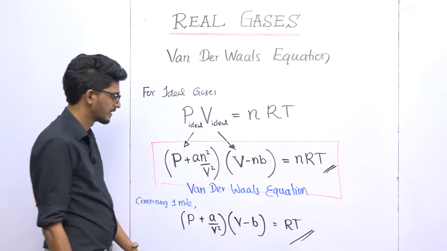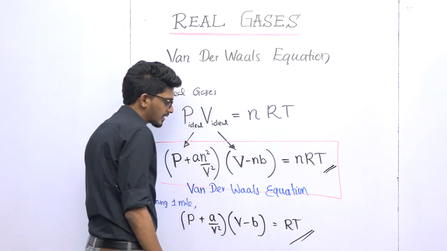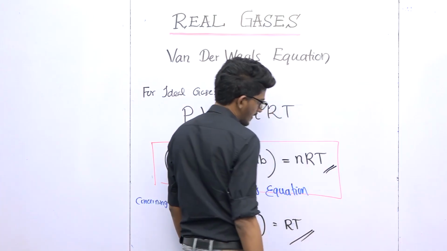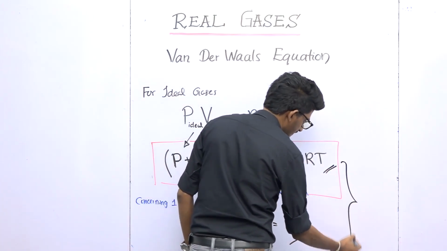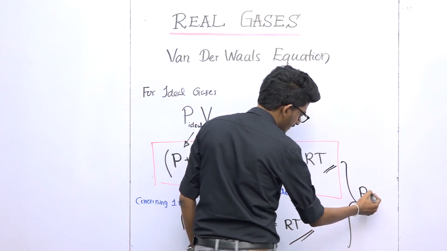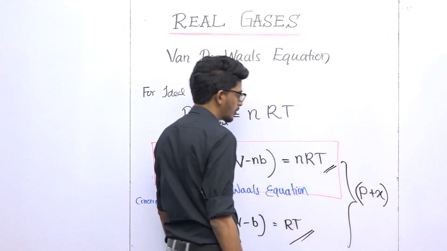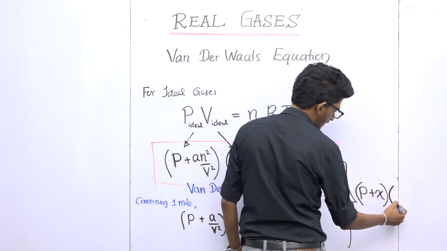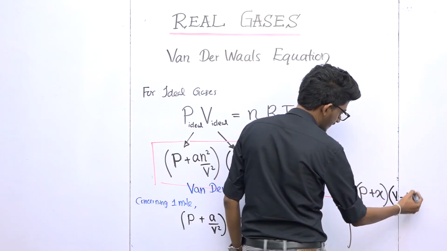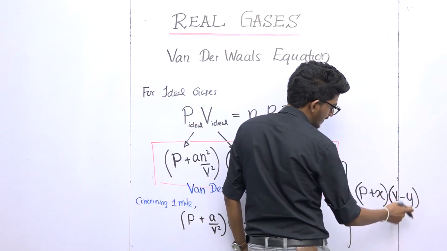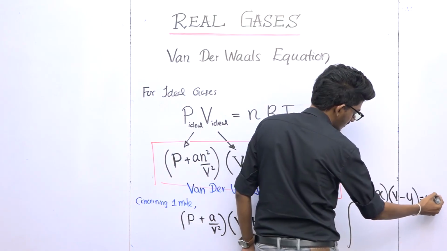Or one can write the Van der Waals equation like this as well: P plus X to the pressure, you have to add something, and V minus Y to the volume, you have to do some correction by deducting some value, is nRT.